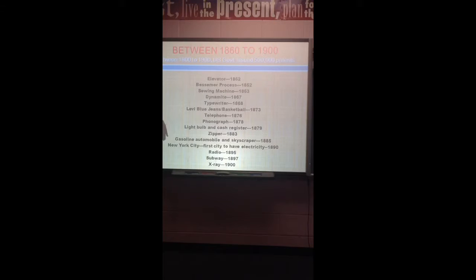Now that may sound a little silly, but before there was a sewing machine, literally, each stitch was sewn by hand. Well, you have a boom in the population, you have people needing more clothes. Here's a faster, more efficient, in some ways a better, more consistent way to make clothes than you ever had before. So now you can supply this new population with the clothes they need cheaper.